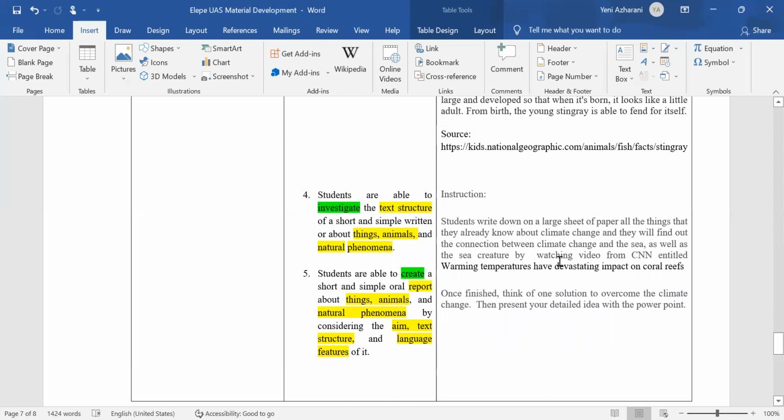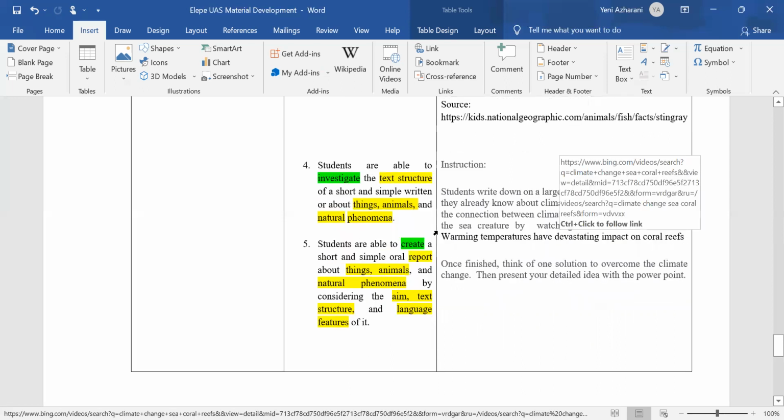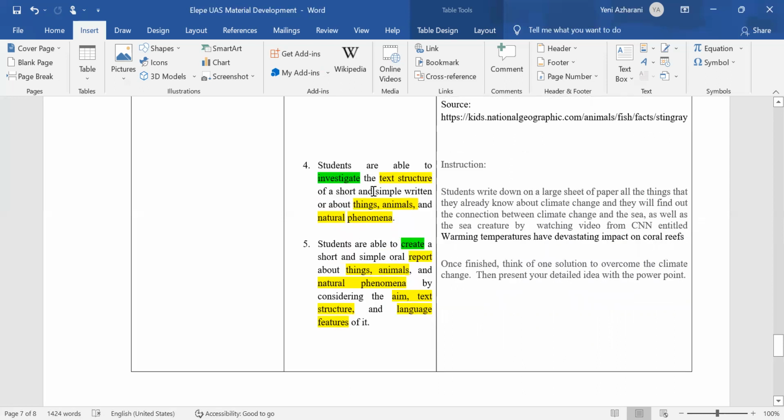And I actually combined the fourth and the fifth learning outcomes. I mean, I combined the material from the fourth and the fifth learning outcomes. The fifth learning outcome is that the students are able to create a short and simple oral report about things, animals, and natural phenomena by considering the aim, text structure, and language features of it.